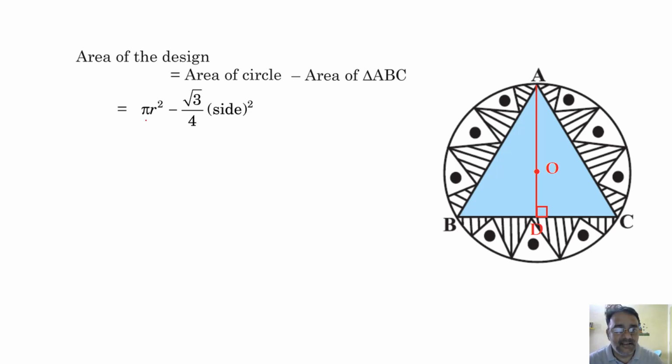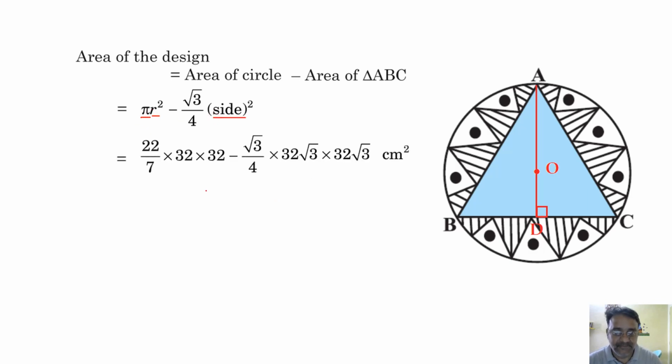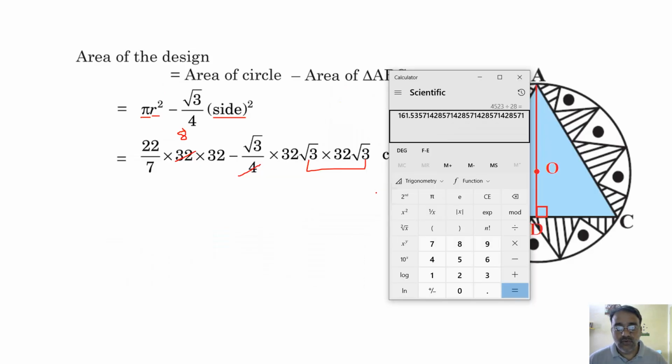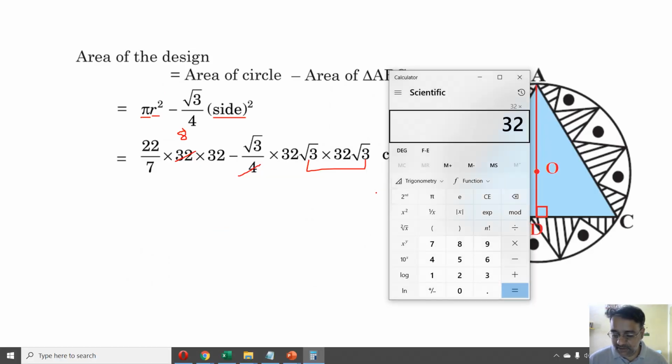Pi is 22 by 7, r is 32, and side is 32 root 3. If you multiply all this, we can cancel the 4 here, we will get 8 here, and root 3 into root 3 will become 3. So we'll get 32 into 32 into 3.